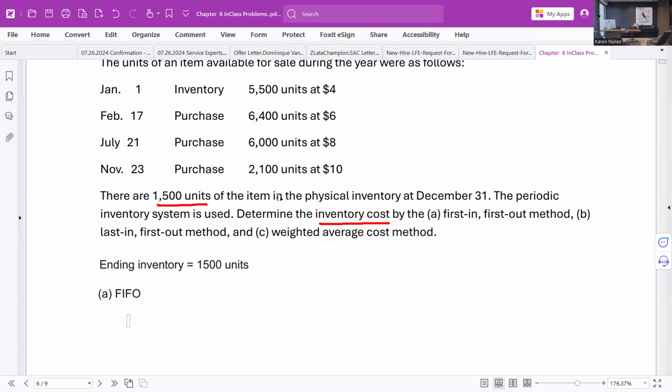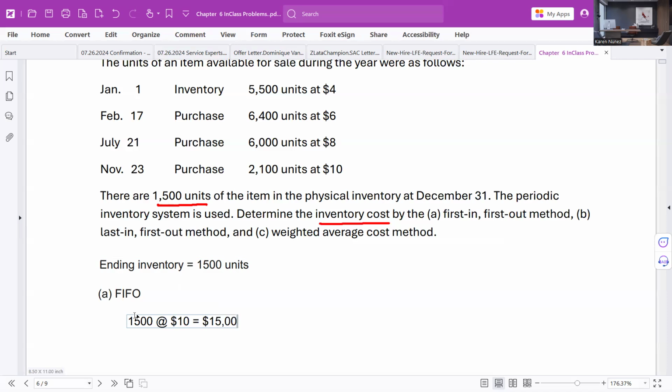But what we care about is the ending inventory, which would be the last ones. And if we only have 1,500 units, then it's going to be 1,500 units at $10, which is going to equal $15,000.